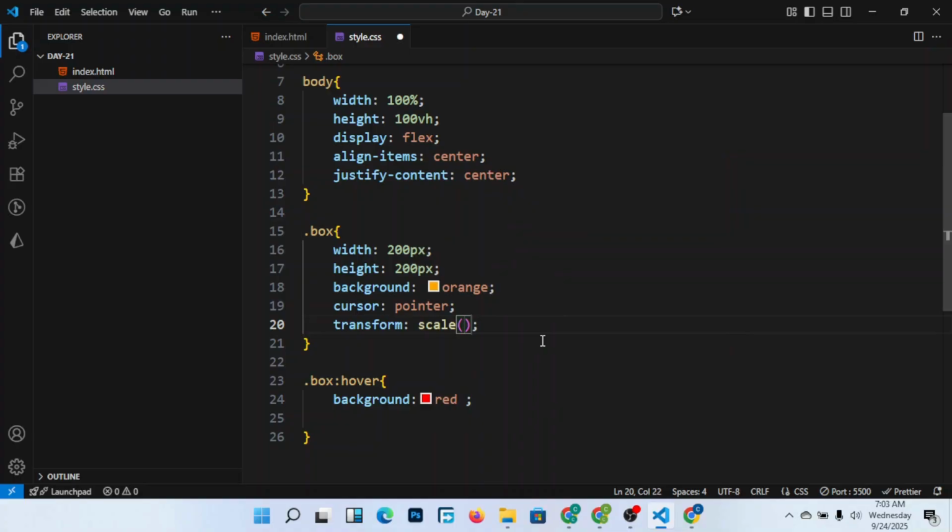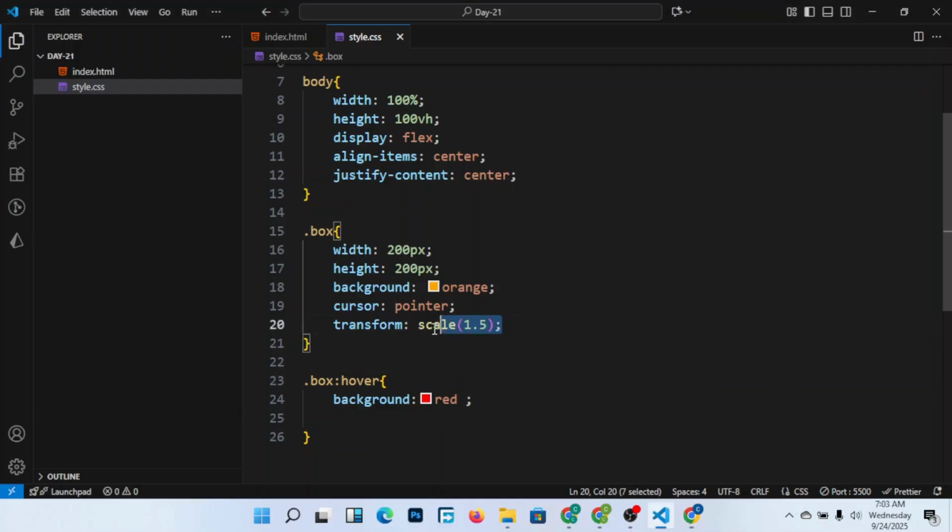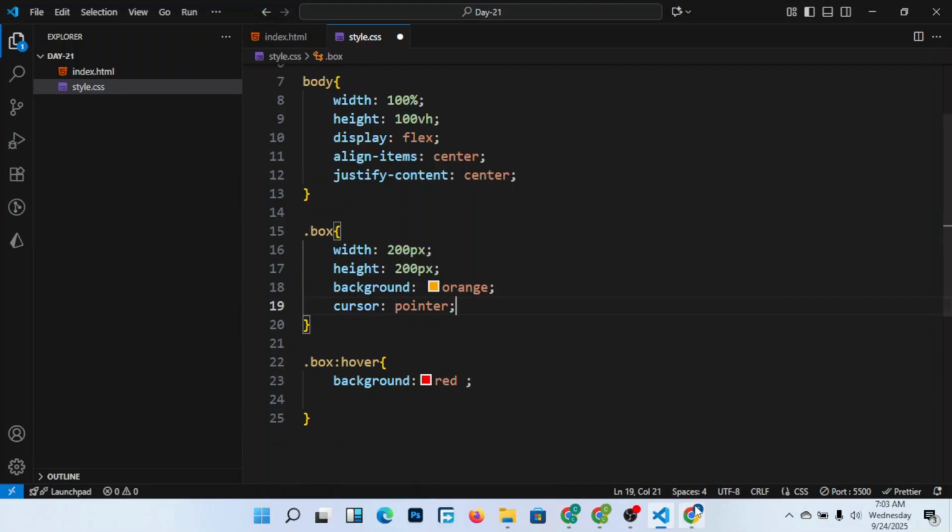I say 1.5, like we have been doing. Automatically it must grow big. You see this? Before I put this scale 1.5, it was this size here.